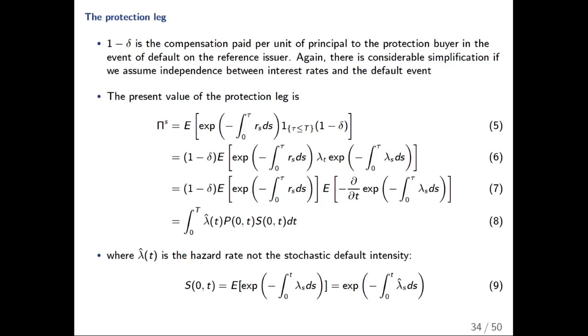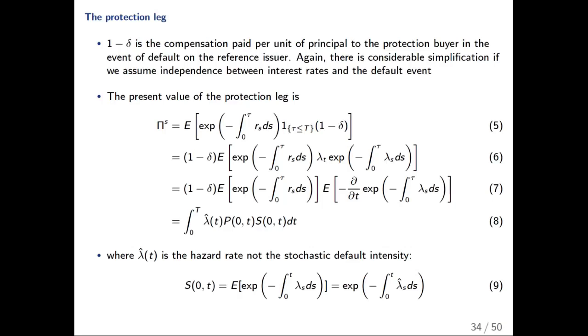So the value to the seller of the swap is going to be the discounted value of an indicator function which takes a 1 if and only if default is less than the maturity of the bond. Otherwise, it's a 0. So this is just the expectation of 1 conditional on default.